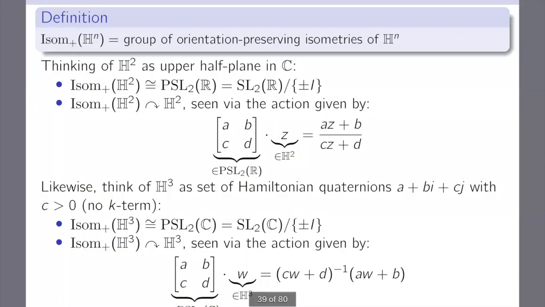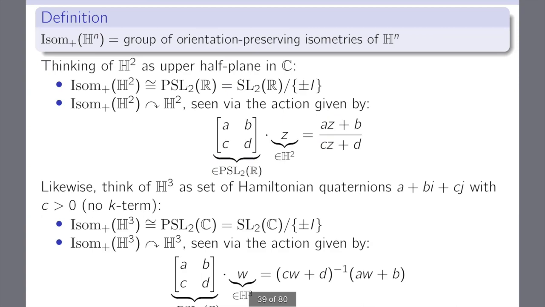It turns out that if we're looking at the upper half plane model, the isometries can be modeled by the projective special linear group with real coefficients. These are the Mobius transformations that preserve the upper half plane, if you've taken complex analysis before: (az+b)/(cz+d).